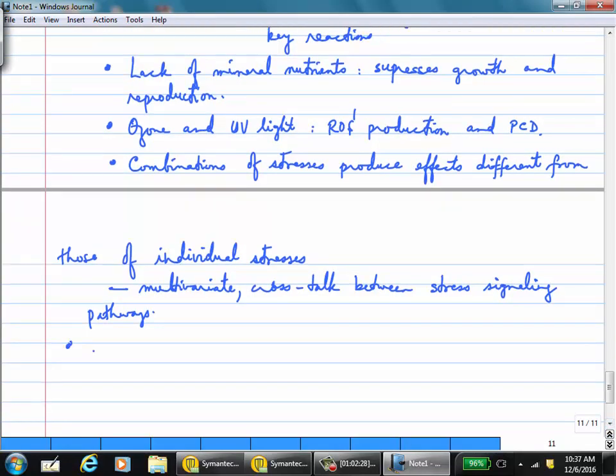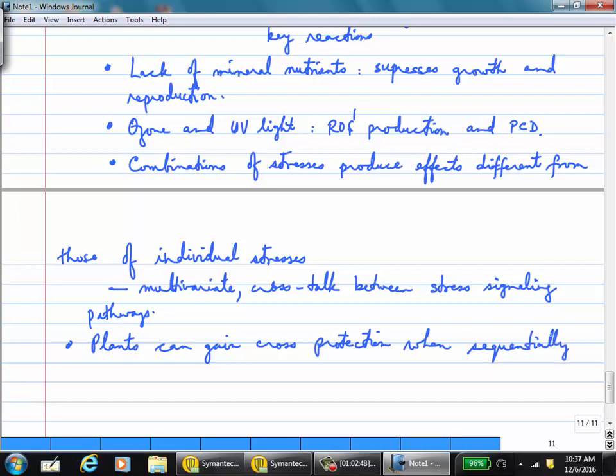Now, another thing to note is that plants can gain cross protection when sequentially exposed, not expressed, exposed to different abiotic stresses.